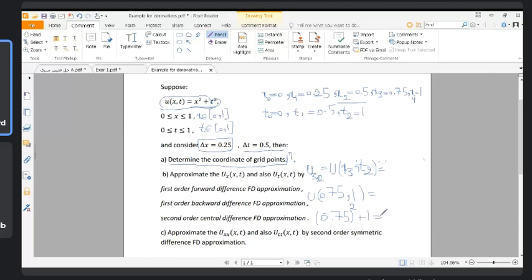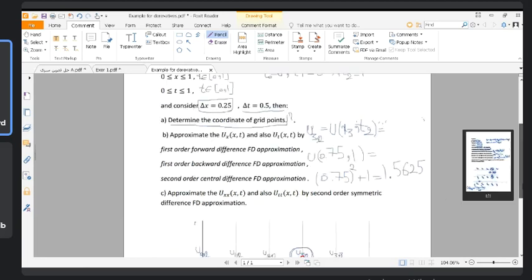We should compute 0.75 squared plus 1, and we have 1.5625, okay? It is the value of U32.